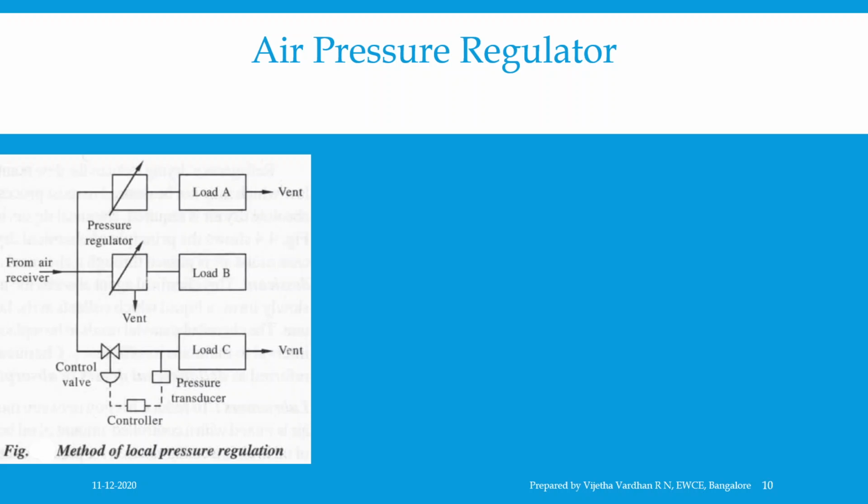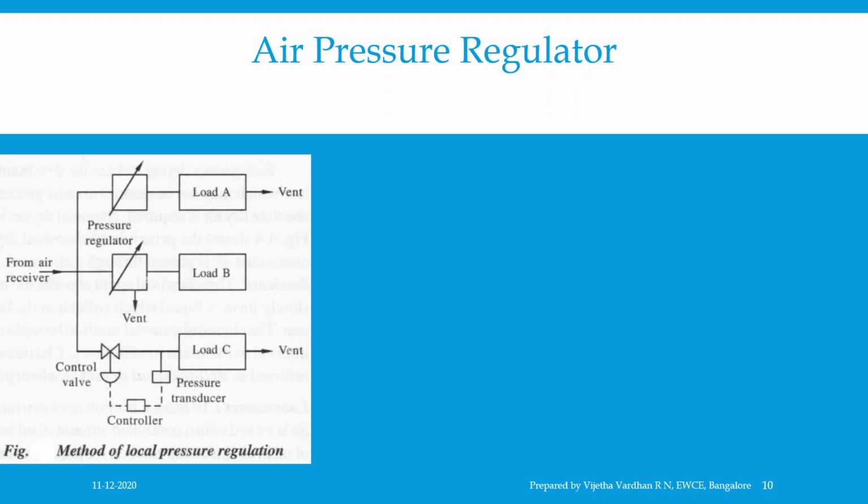Coming to method 2, the regulator vents air to the atmosphere without passing through the load. This type of regulator has three ports, one for supply, one for receiver, and the other for vent, and are called relieving regulators.